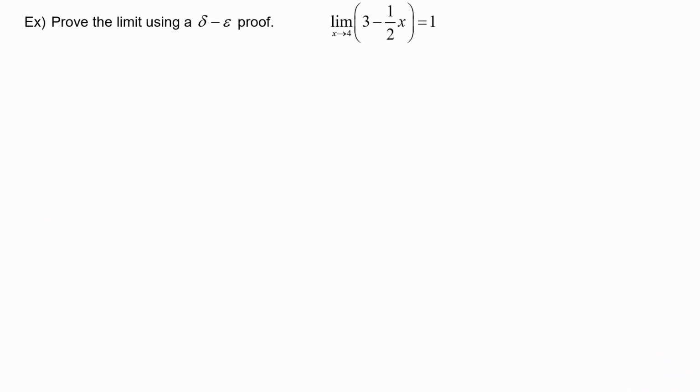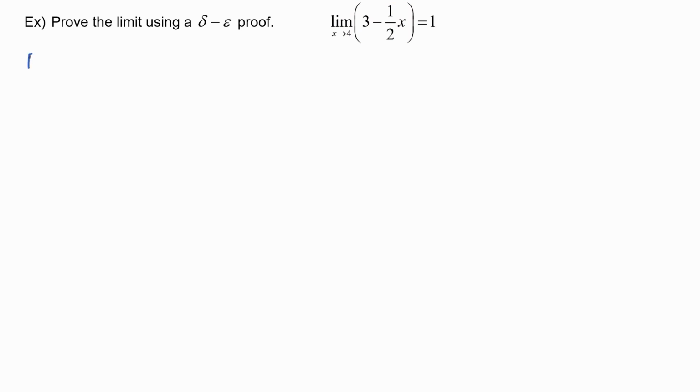In this example, we have to prove the limit using a delta-epsilon proof. We are given that the limit as x approaches 4 of the quantity 3 minus 1/2 x is equal to 1. Every delta-epsilon proof that you write will begin the same way.